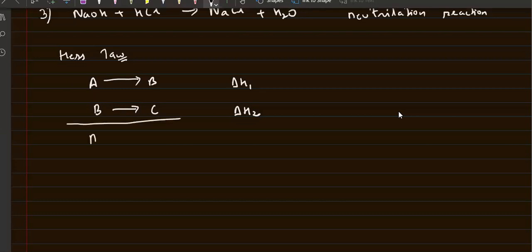So what will be the total reaction? It will be A gives C, yes or no? So can I say that the total delta H is delta H1 plus delta H2? Yes or no?